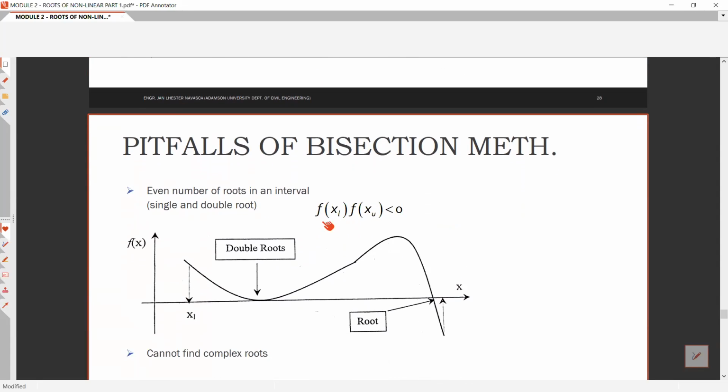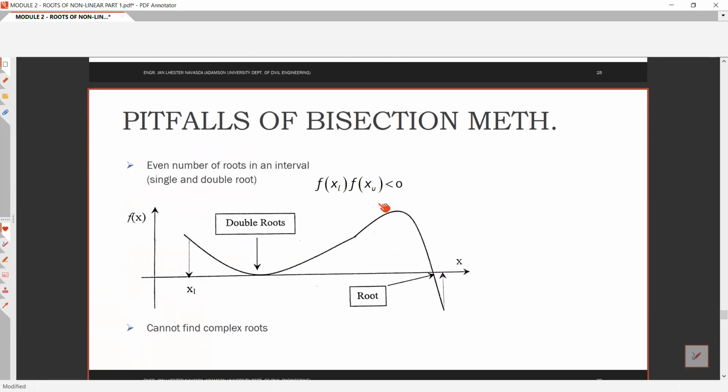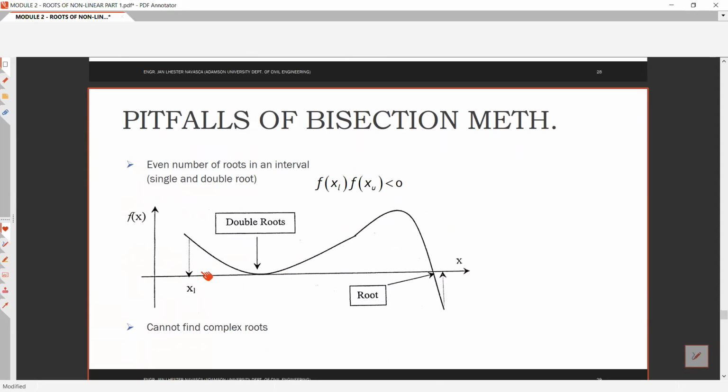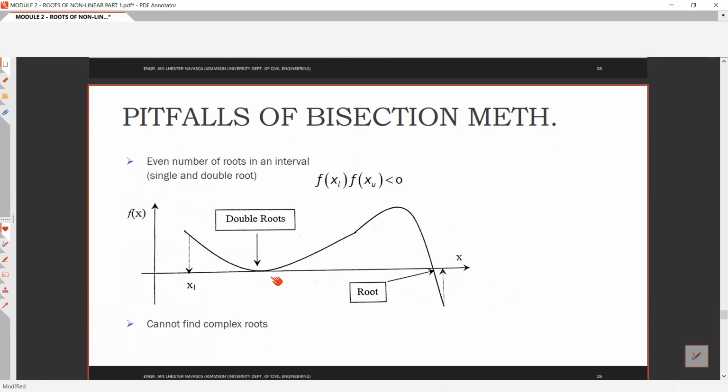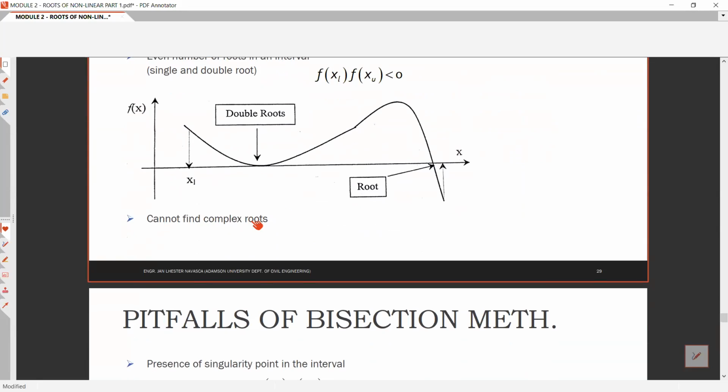Another problem kapag ganito, yung product ng f of xl, f of xu is negative, then hindi niya mahanap yung single and double root. Kasi ito, kapag nag-product ka ulit, nag-midpoint ka dito, sabay xu dito, hindi pinakita. Ayun, wala. So, hindi niya rin mahanap yung double root and yung single root. Then, hindi rin mahanap yung complex root.